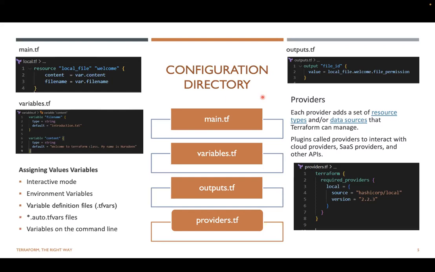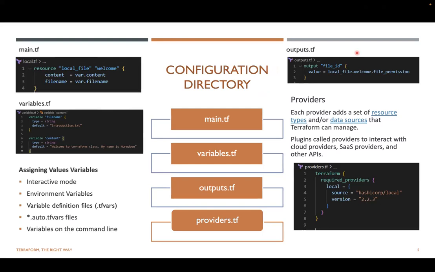In this file permission, because in most cases I always see ID. So this is where my problem lies in Terraform, this output aspect, because I don't really understand this very well.